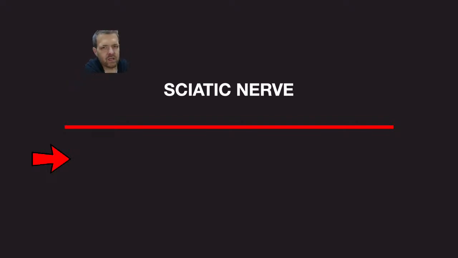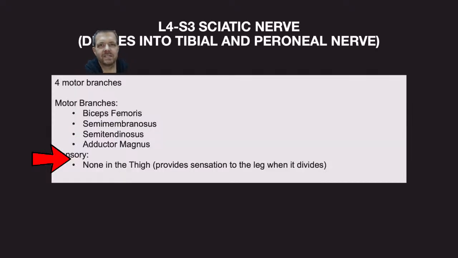But the sciatic nerve doesn't have any sensory branches on the back of the thigh. It does lower down in the leg, but not on the back of the thigh. So it's quite interesting, I think. So we're going to cover that now.